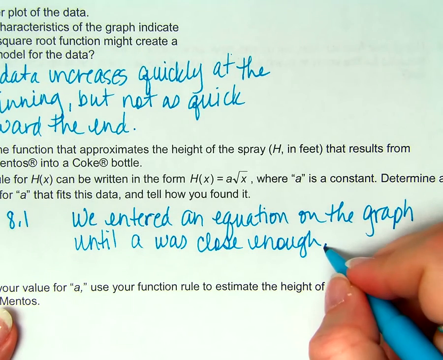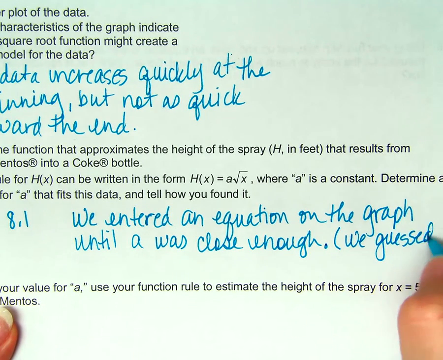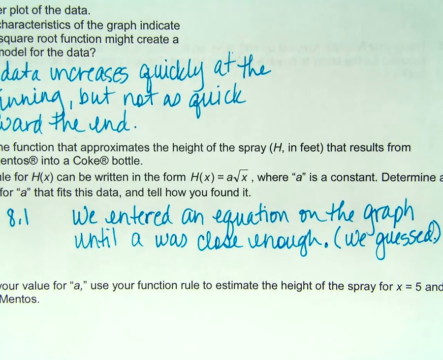So basically what? Isn't that really what happened? Didn't we guess? Wait a second, this is math. We are never supposed to guess. Oh, wasn't it an educated guess? We guessed 3 at first. 3 was too low. We guessed 10 and 10 was too high. Isn't it logical that we could kind of figure out what it was that way? Is that okay to do sometimes? Yes.